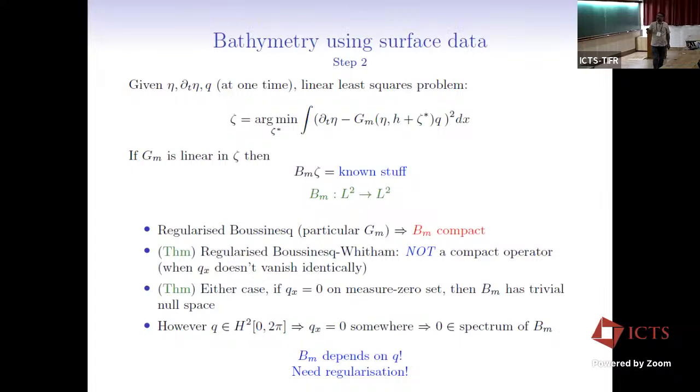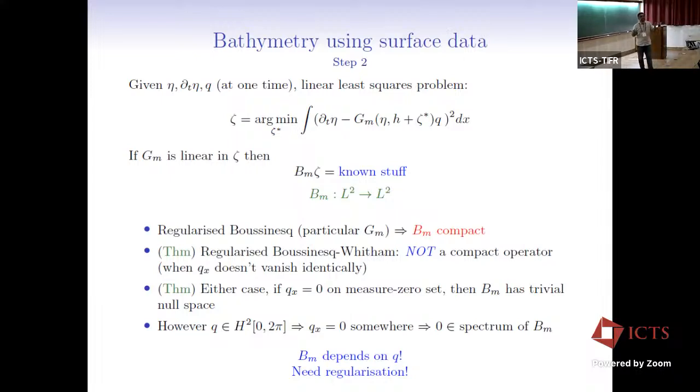We can say some more stuff based on the choices we make. So regularized Boussinesq is a name for a particular model. In that case, this operator B tends to be compact. If you think about what we want to do in order to reconstruct zeta, it is to invert that operator. We have to invert a compact operator. That's not a good idea.